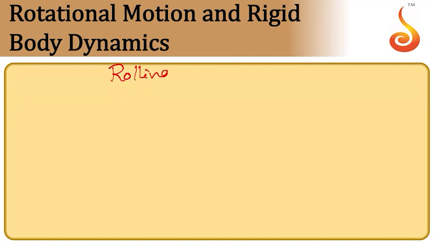One of the most important ideas as far as the competitive examination is concerned is that of rolling motion. What is rolling motion? Motion is said to be rolling if the point of contact is not sliding.